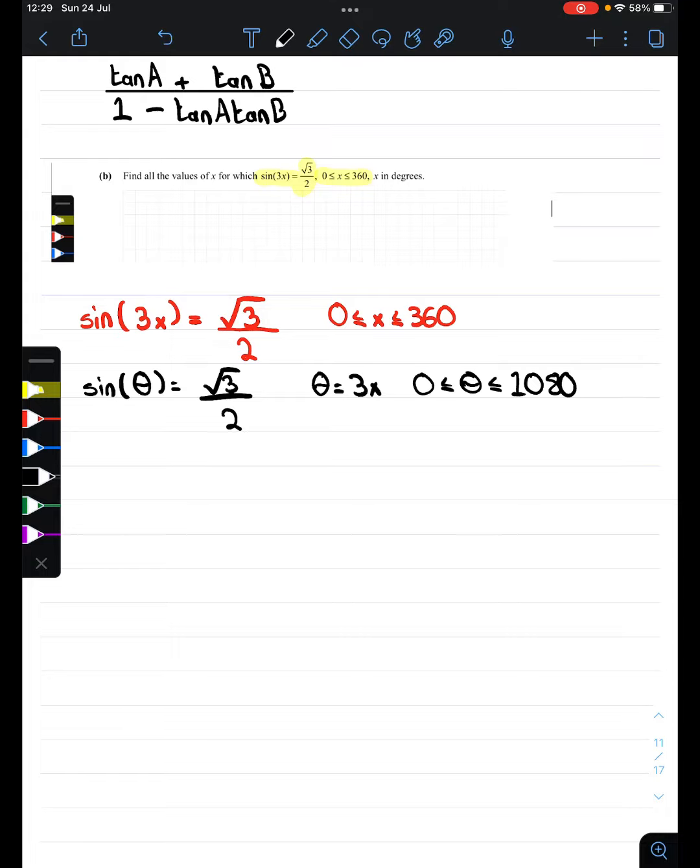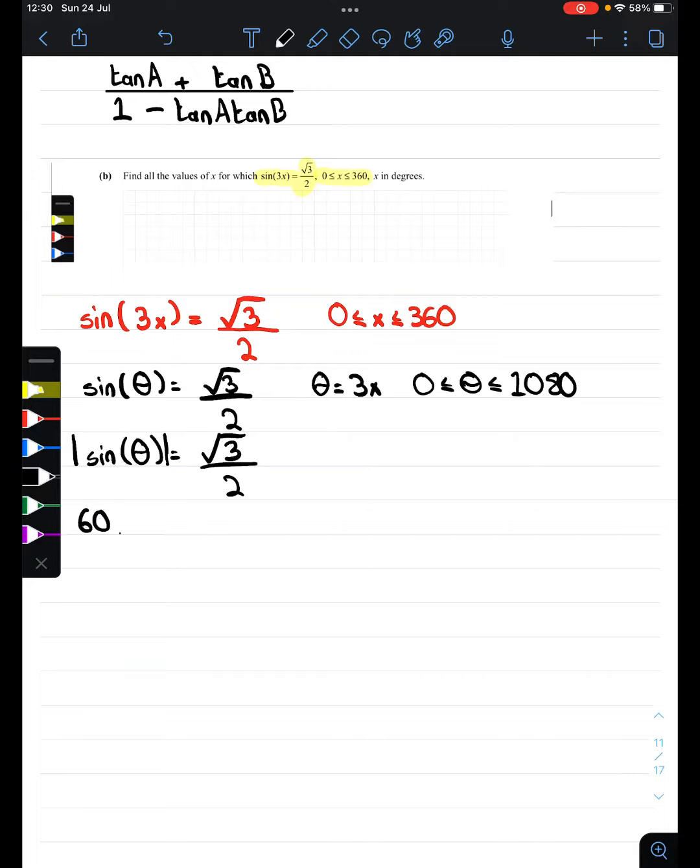Okay, so, when does sine theta equal square root 3 over 2? Well, more precisely, the magnitude is square root 3 over 2 for something between 0 and 90, so in this case it's 60, sine 60 is square root 3 over 2.